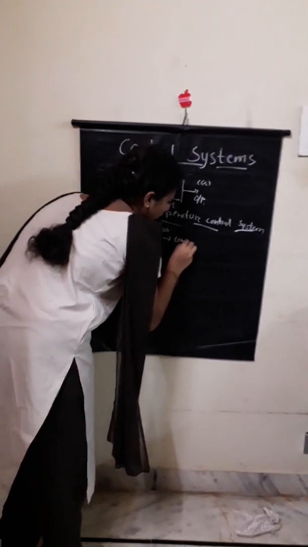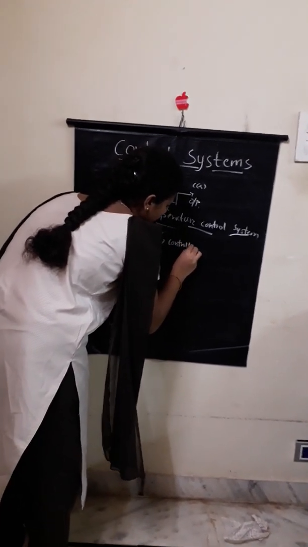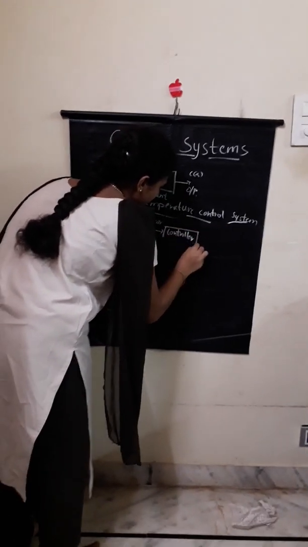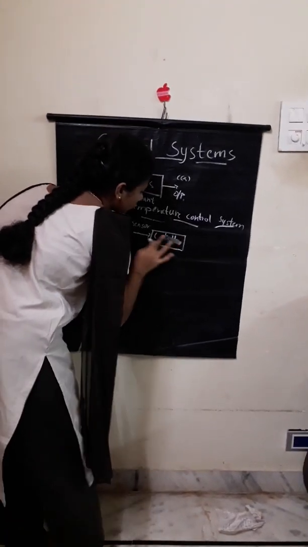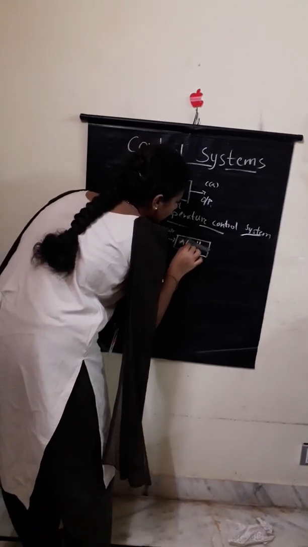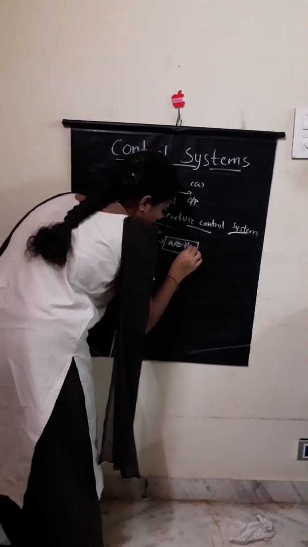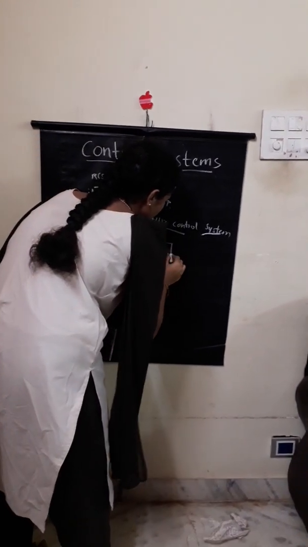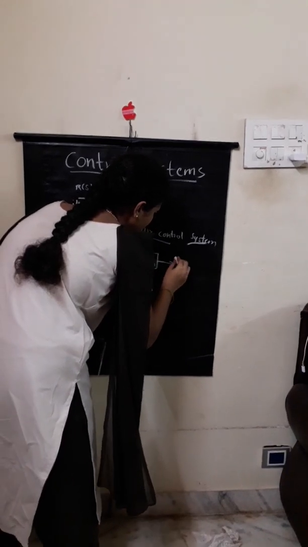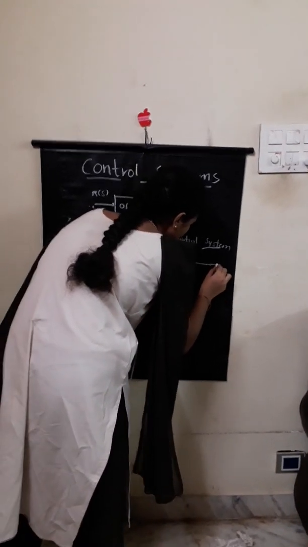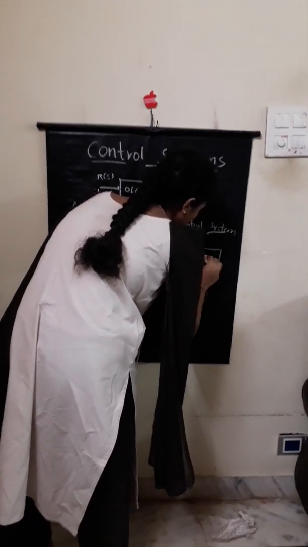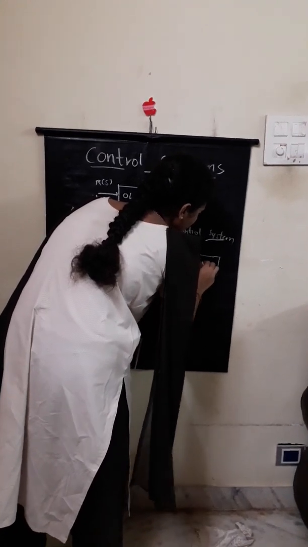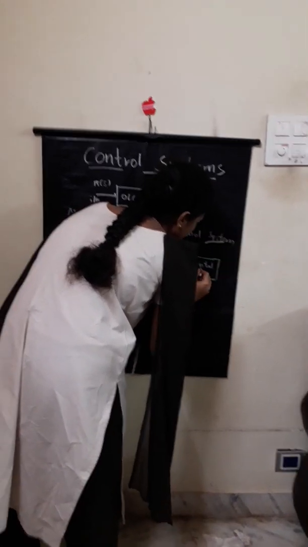This is the controller. This is the A to D converter. And this is the digital display.